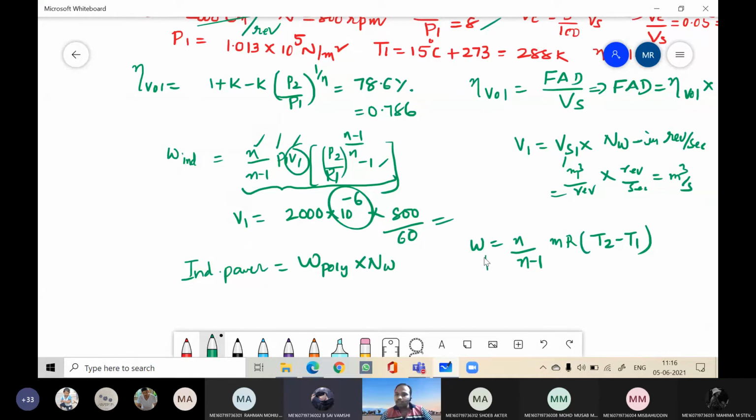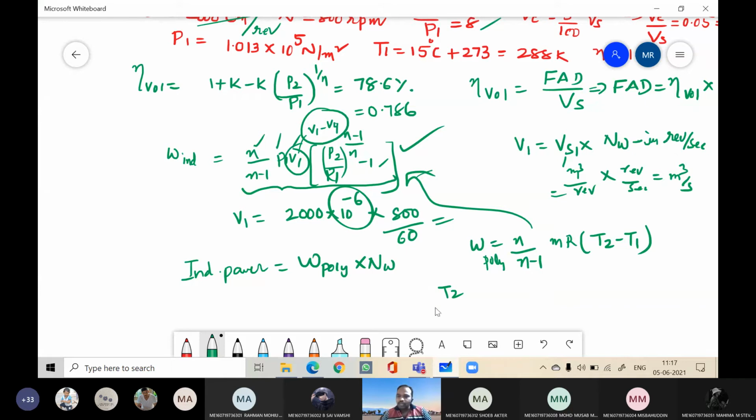From this formula only we resolve this one, yes or no? After simplification we got this one, right? So at that time I can use directly this formula, n by n minus 1 m R into (T2 minus T1). Then here the unknown is T2 value and m value. So T2 value we can calculate, because here clearance is not there, I can use this formula. If clearance is there, V1 is equals to V1 minus V4, but I don't know V4 value. Therefore I am changing the formula to the n by n minus 1 basic formula.